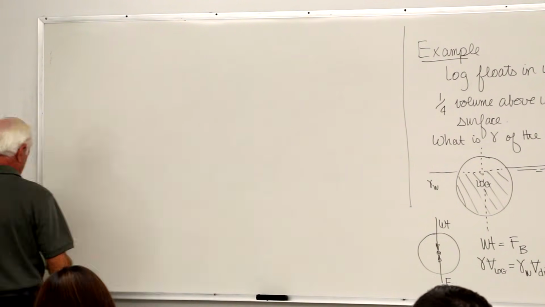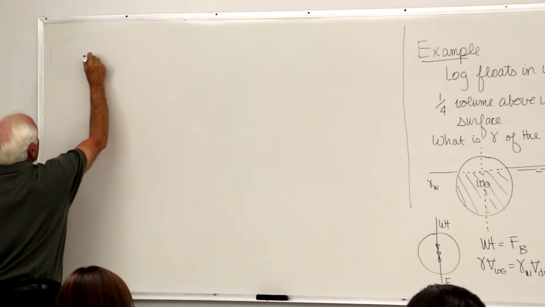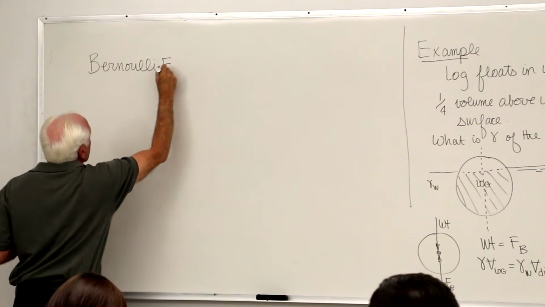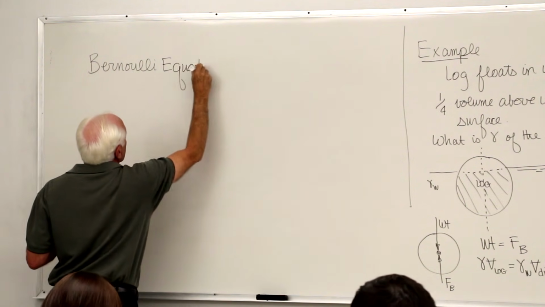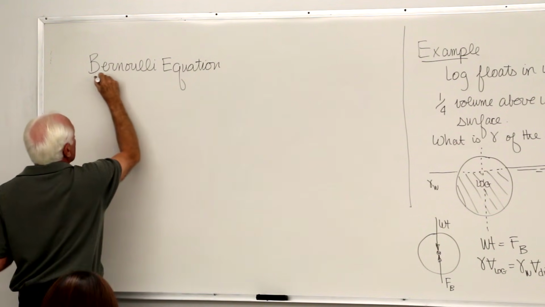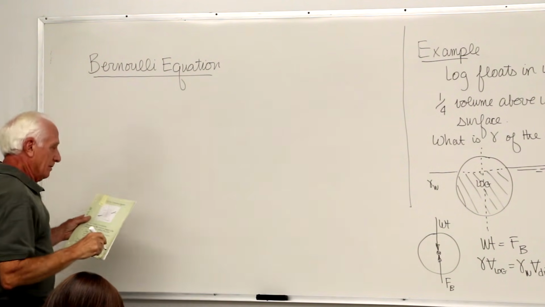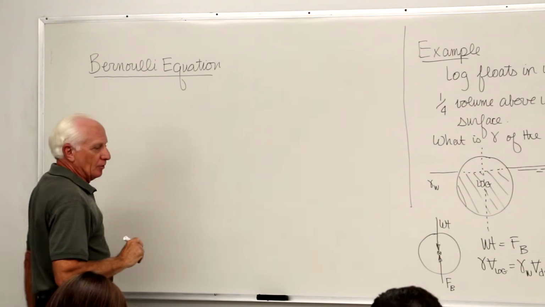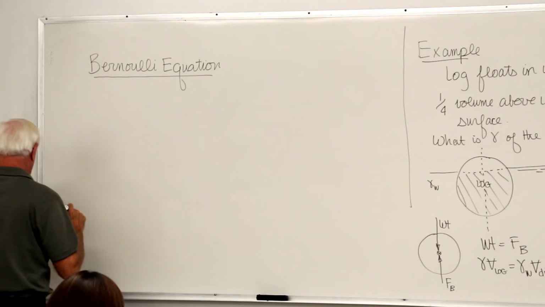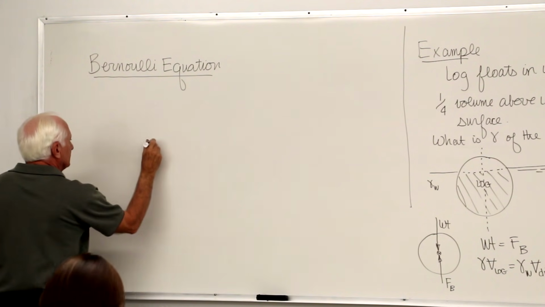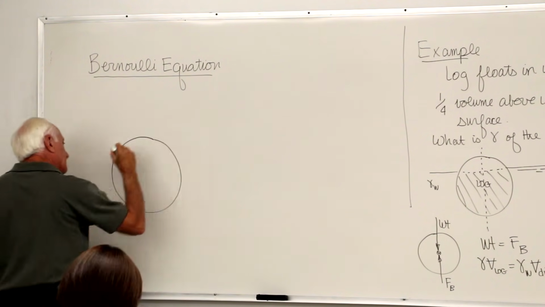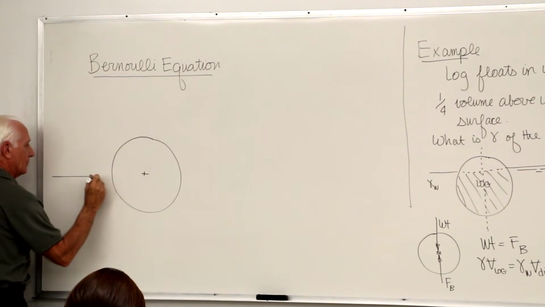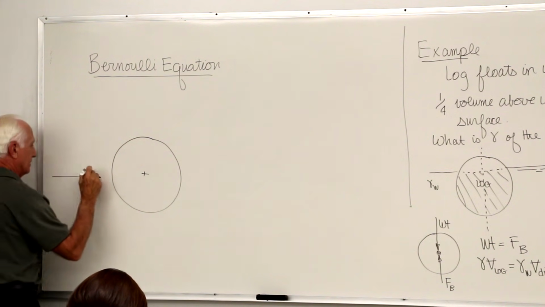And we're going to look at the Bernoulli equation. All right, I'm going to start off and maybe we'll define a streamline first. Okay, so here's some cylindrical object, and we have flow around the object.